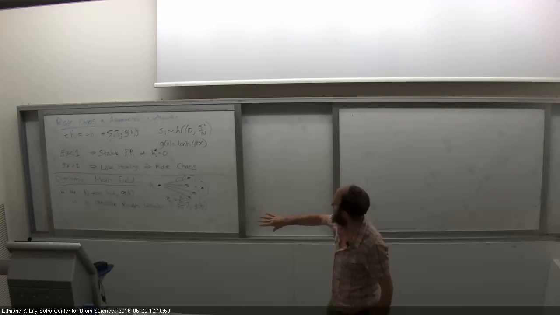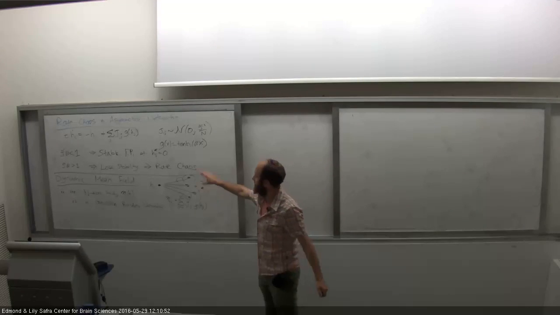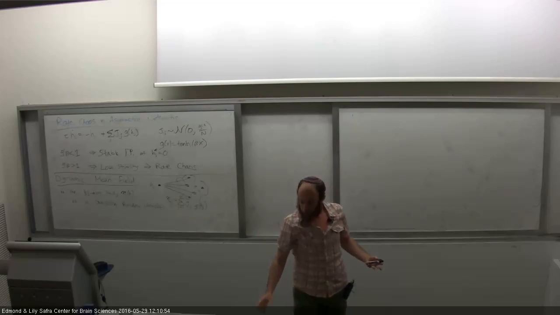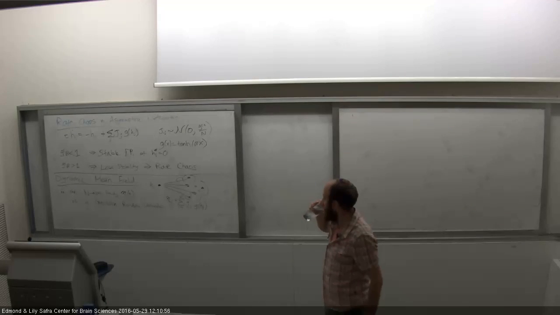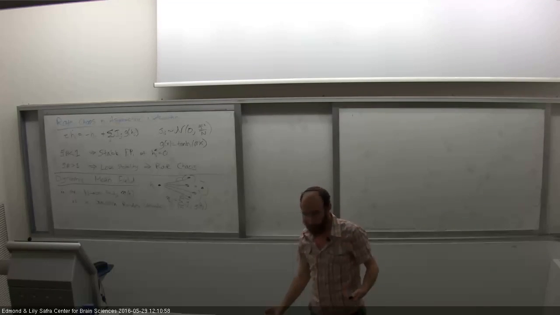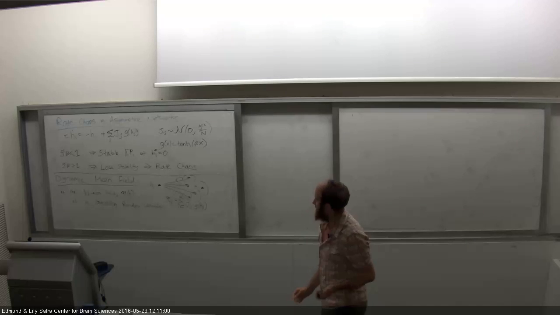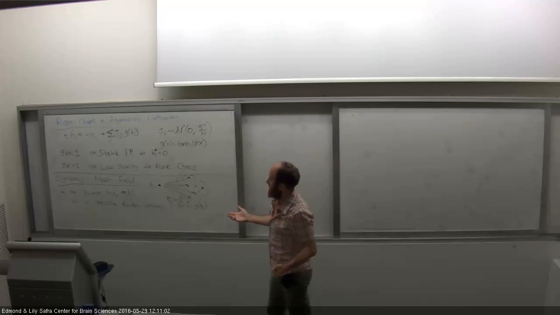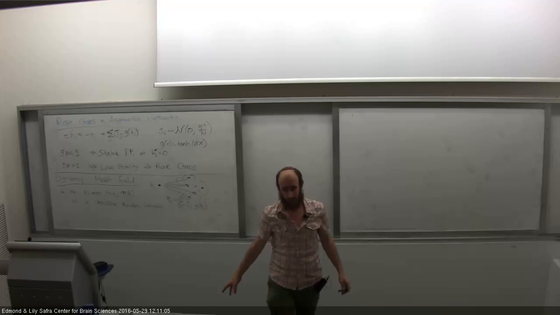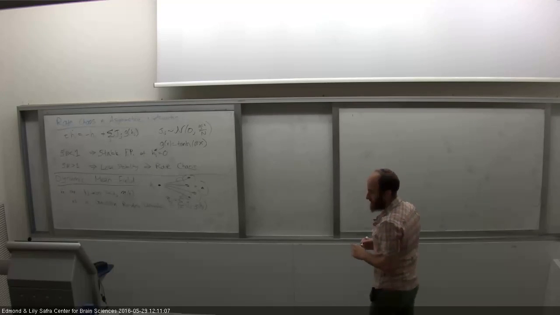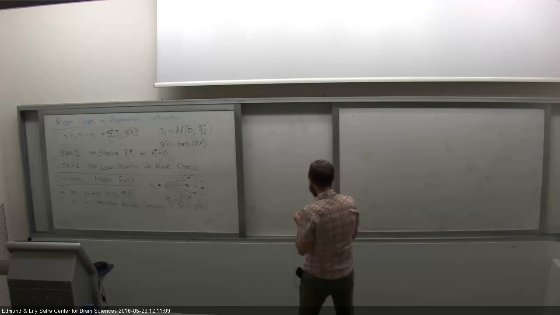Dynamic mean field is the analytical approach to solving this model and other similar models, and at least as far as I know, always makes use of the statistics of Gaussian processes. So now we'll take a step back and introduce Gaussian processes.